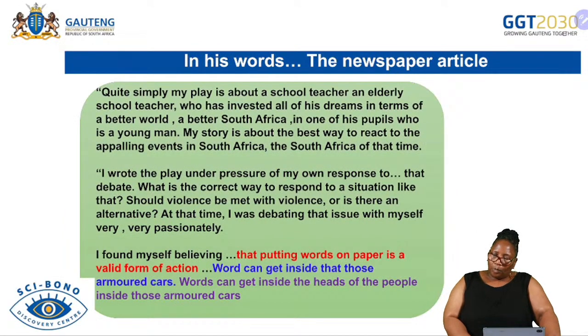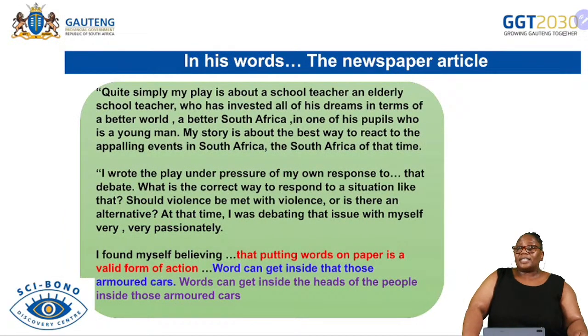Let's hear what Fugard thought. He said, after looking at the historical background of what was happening in South Africa, he came across a newspaper article that prompted him to write the play, My Children, My Africa.